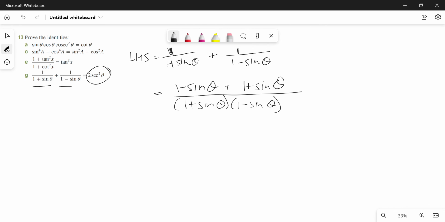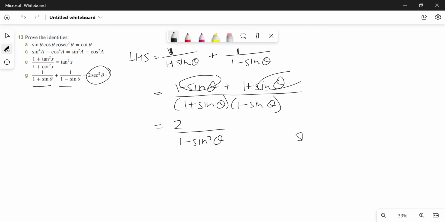There we go. So what have we got on top? We've got 1 plus 1 is 2, and then we've got a minus sine theta plus sine theta. So they cancel. These two will cancel each other out. So it's just a 2 on top. On the bottom, let's see what we've got. We've got a difference of two squares. So 1 plus sine theta, 1 minus sine theta is 1 minus sine squared theta. Okay, 1 minus sine squared theta.